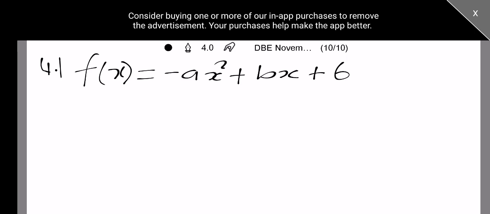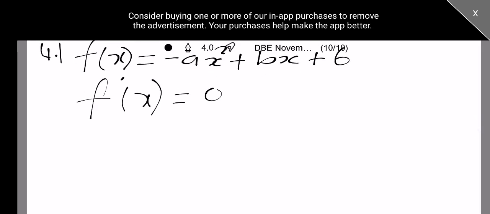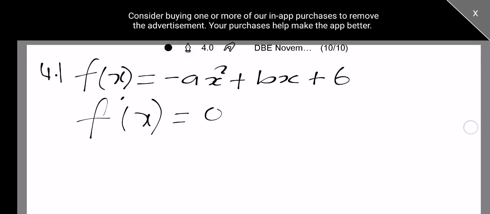So if we take the first derivative of this and equate it to 0, we are going to solve for whatever variable. So f dash of x equals 0. Now let's derive this using the rules.